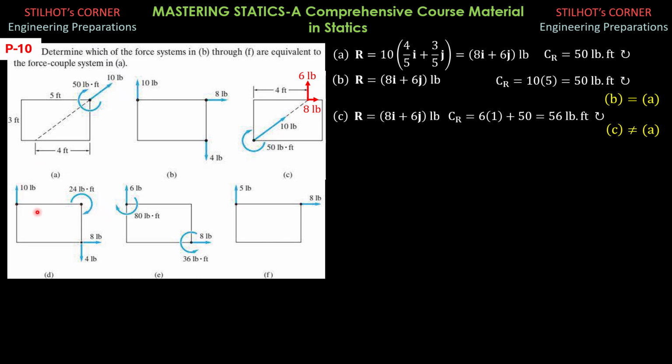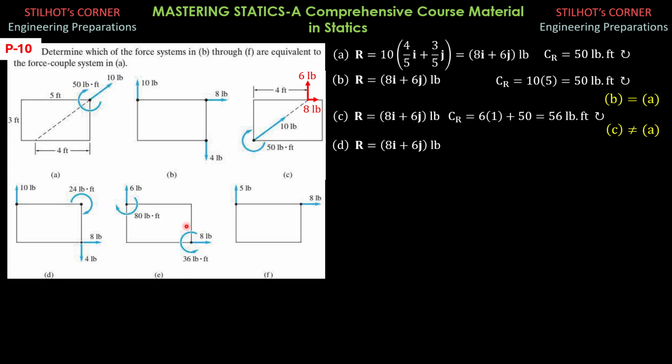Then part D, which is this. The moment there is 10 times 5, 50 clockwise, plus 24, 74, minus the moment of this force, 8 times 3, 24, is back to 50 pound-foot. So R is the same, 8i plus 6j pounds, same inclination.